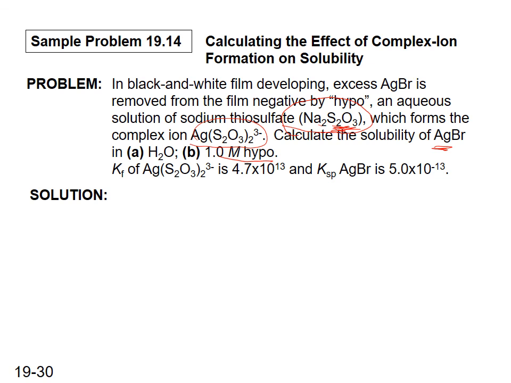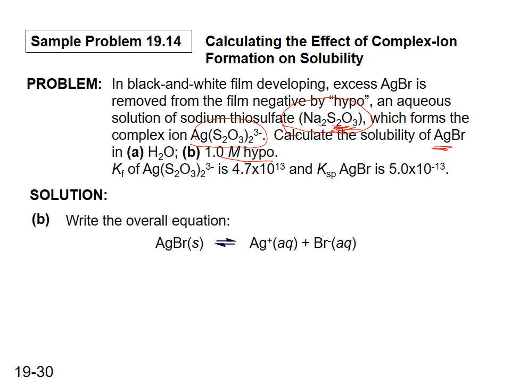So first we have silver bromide. Okay, so the silver bromide produces silver ion and bromide ion. And when we add sodium thiosulfate, you have sodium ion which doesn't participate in the reaction, but the thiosulfate will combine with silver.